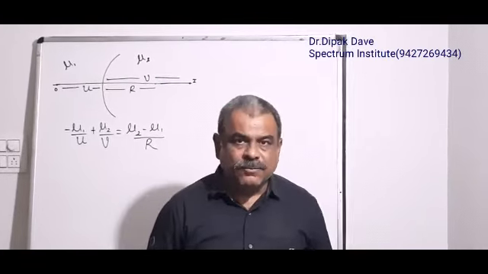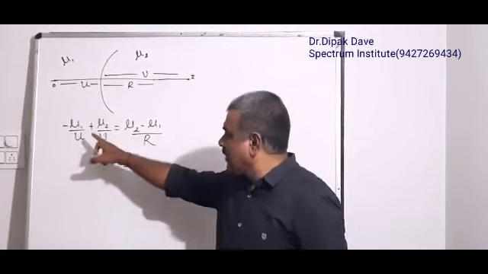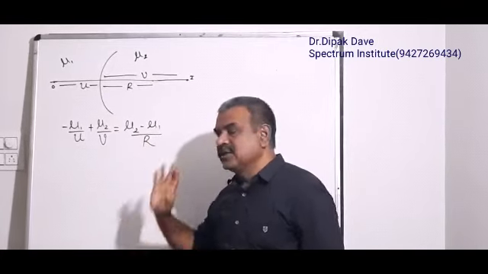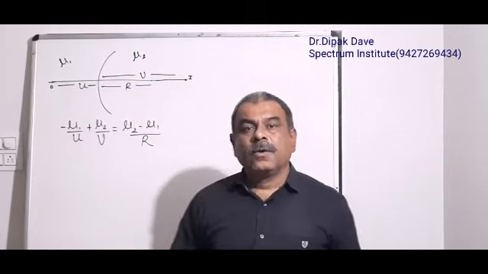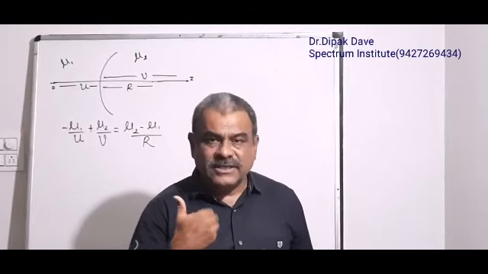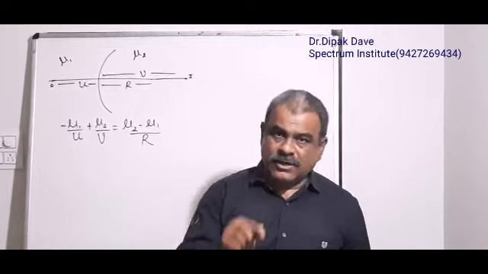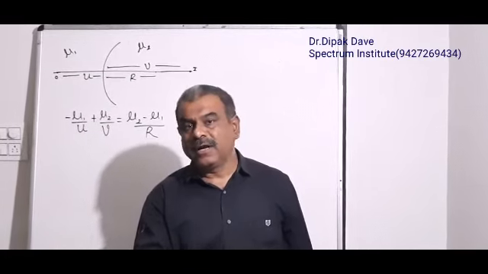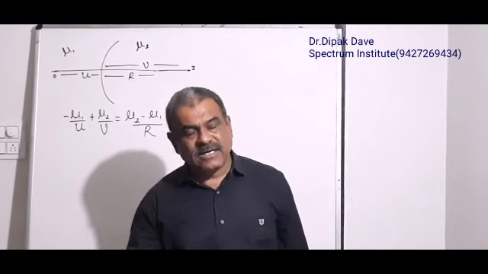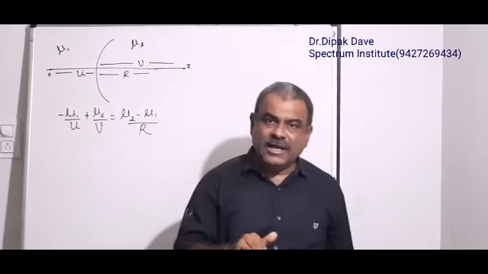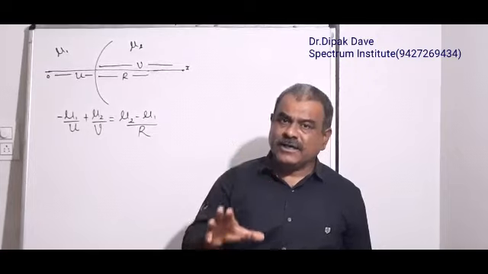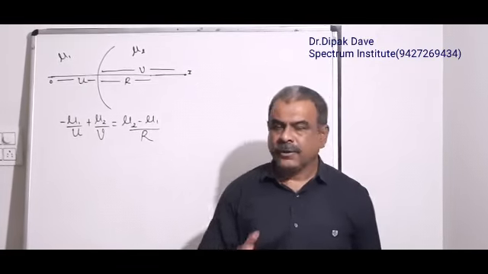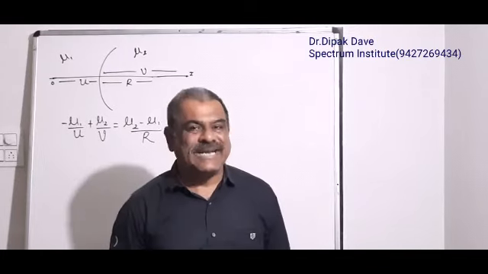Now by using this formula, we are going to enter into the section on lenses. Students, this particular lecture and the next are important for lenses. In this lecture, I will discuss the thin lens formula, and the next entire session will be only applications of that for NEET and JEE.